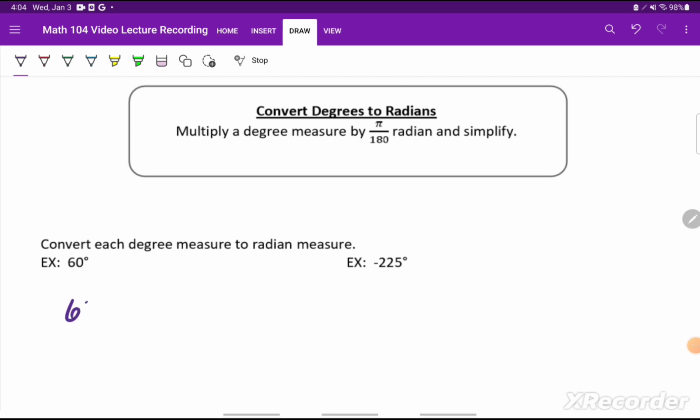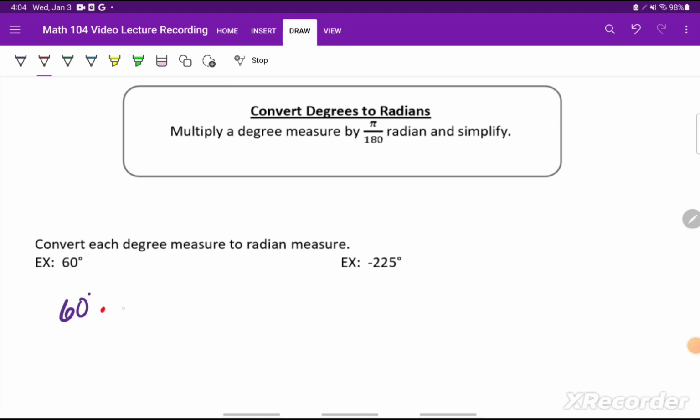We're going to take this 60 degrees, and we are going to multiply it by pi over 180, and then we're going to simplify. So I'd put this 60 over 1. Since we're multiplying fractions, we have the option of simplifying first by cross-canceling. So 60 goes in there once, 60 goes in there 3 times, multiply straight across, and we get pi over 3. So 60 degrees is equal to pi over 3 radians.